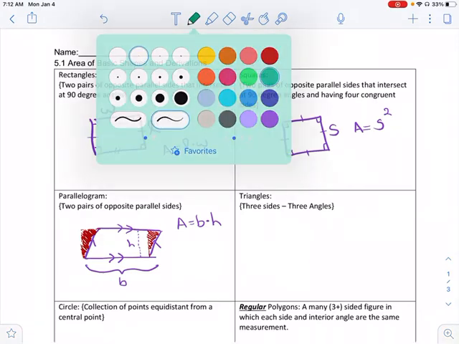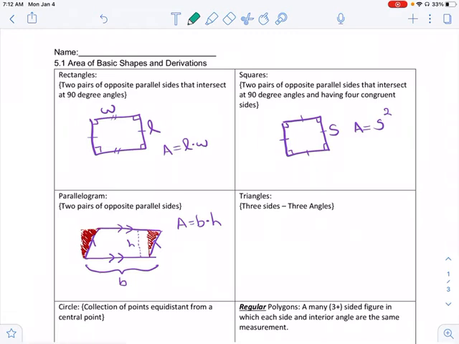You'll notice potentially in some of the problems that I actually tell you the slant length of that parallelogram, but mostly that's just to kind of throw you off. It's unnecessary in order to find the area of this shape. So the important part about the base and height here, and whenever we see base and height, we want to think that they are perpendicular to one another, or that they cross at 90-degree angles.